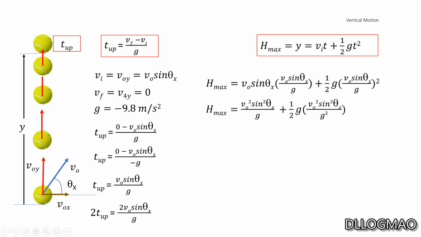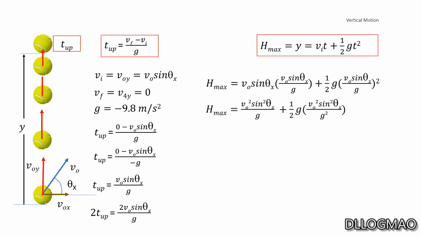Multiplying the factors results to v sub 0 squared sine squared theta over g plus 1/2 g times v sub 0 squared sine squared theta sub x over g squared.